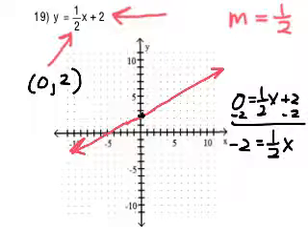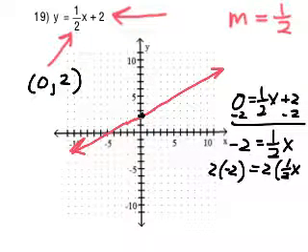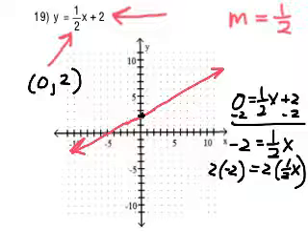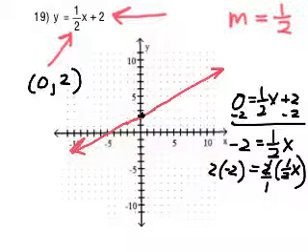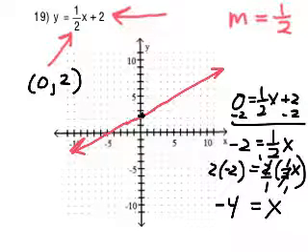Well, you just multiply by the reciprocal of the fraction, which is 2 times both sides, and the fraction disappears, right? So we've got 2 times -2 equals 2 times 1/2 x. And 2 times 1/2 is 2 over 2, which is 1, or you cross cancel, and those become 1, so it's -4 equals x, right?